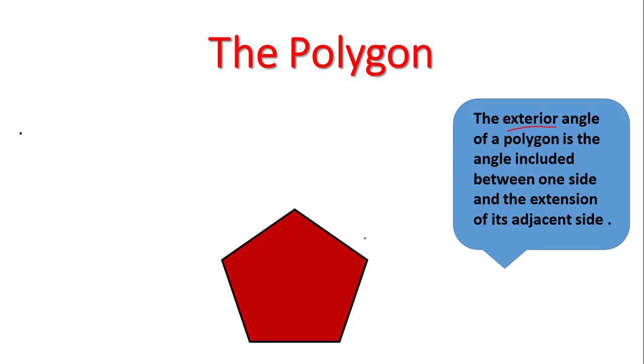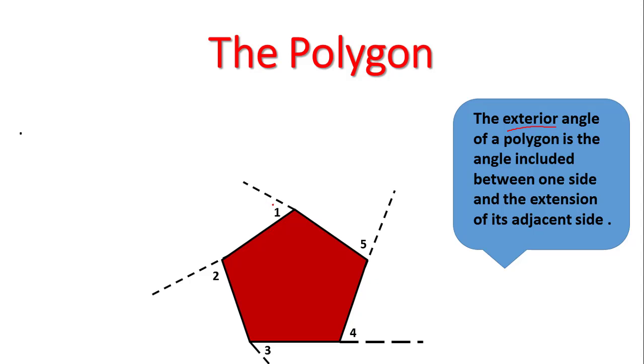For example, look at here. This is the first exterior angle. It's between this side and the extension of this adjacent side. This is angle number 1. And here we have angle number 2. By the same way, we have angle number 3, angle number 4, and angle number 5.